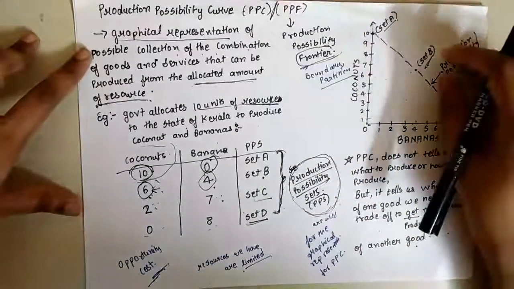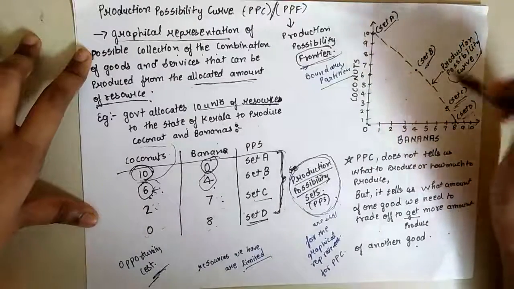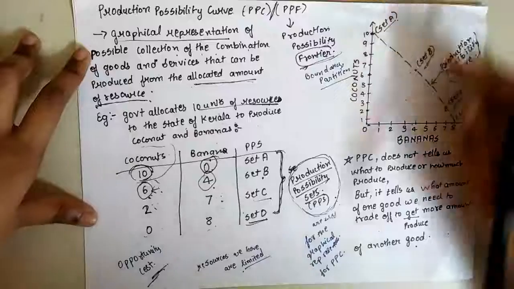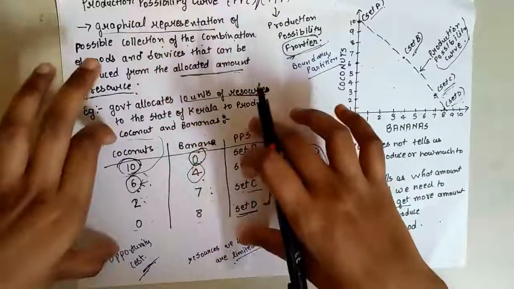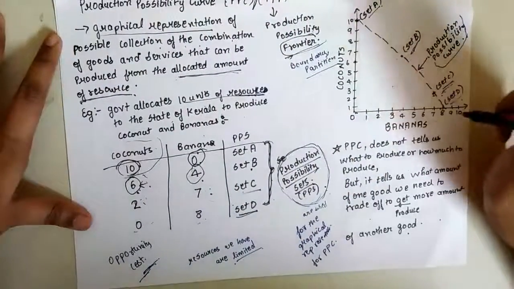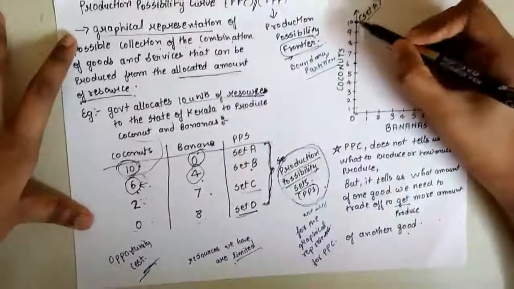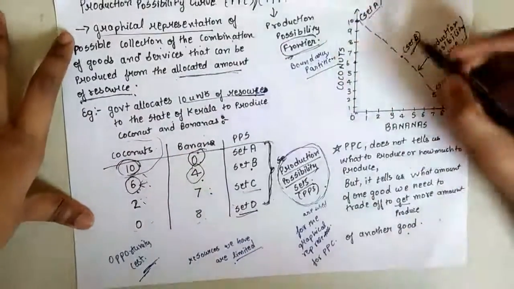Now let's consider the table. We can make this table into a graphical representation. In the graph, set A will come here because coconut is 10 and banana is 0.